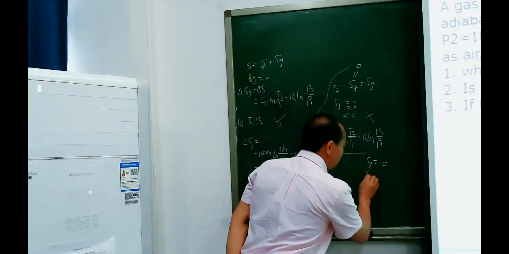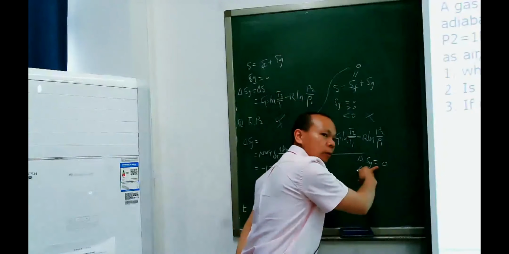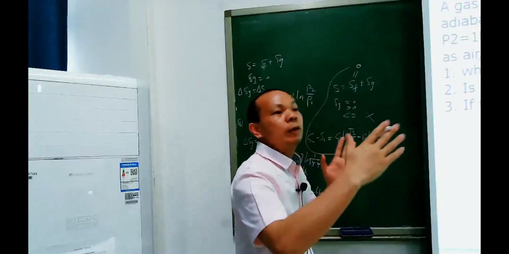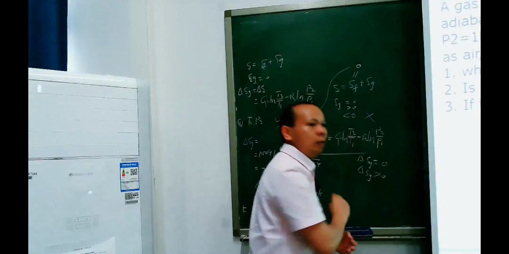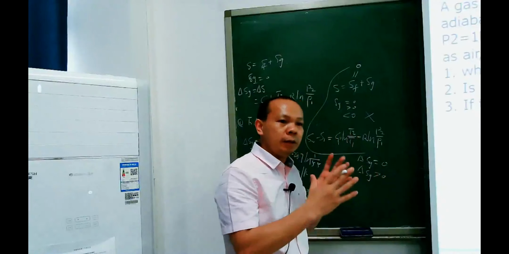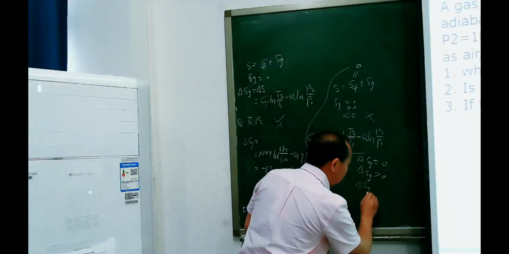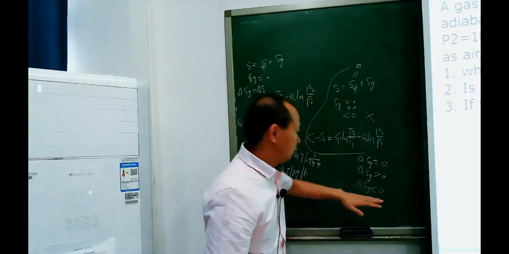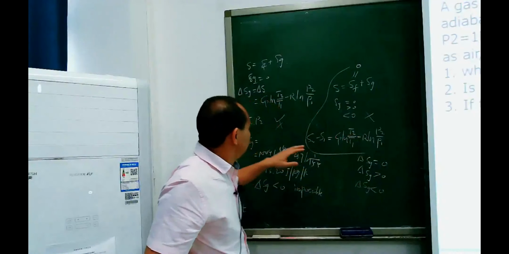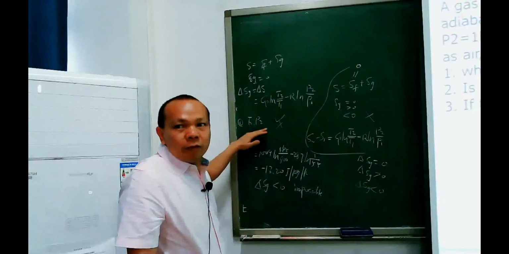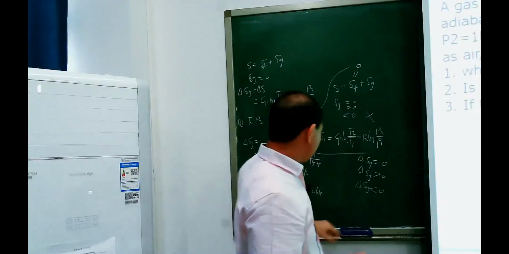Right? If delta SG is equal to 0, the process is reversible. But if delta SG is greater than 0, the process is irreversible. But if delta SG is less than 0, this is impossible. So for the second set of data, it's impossible.